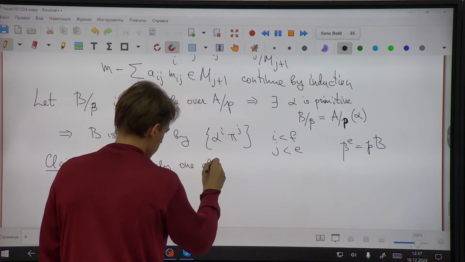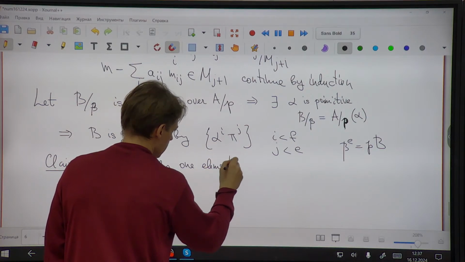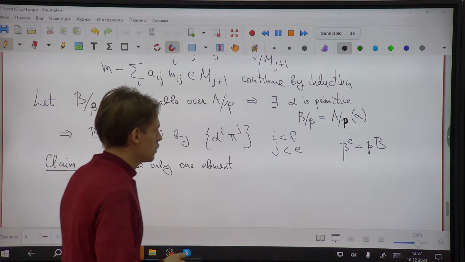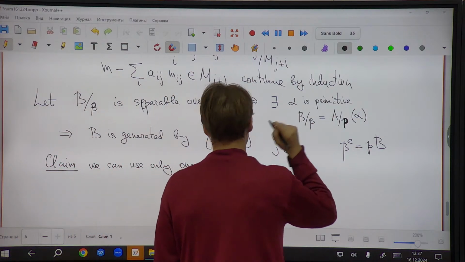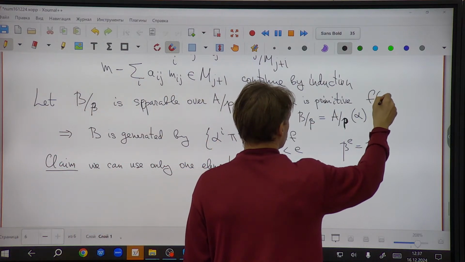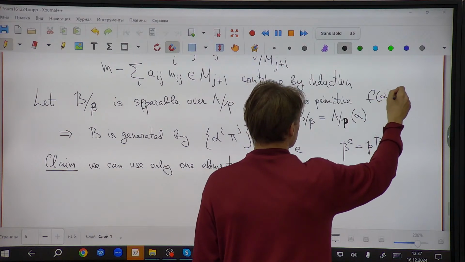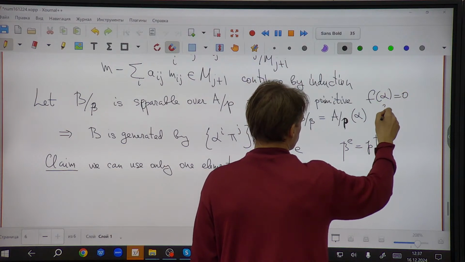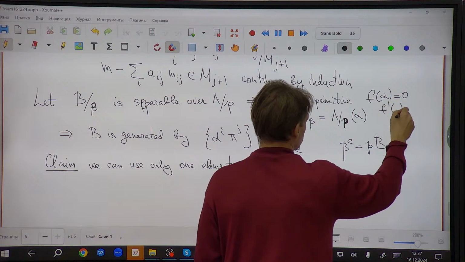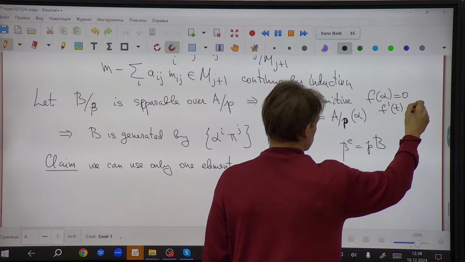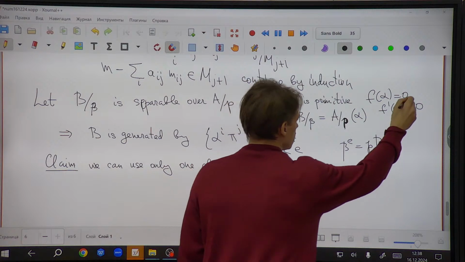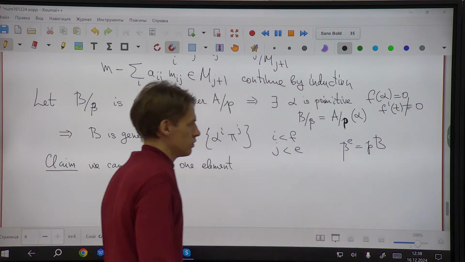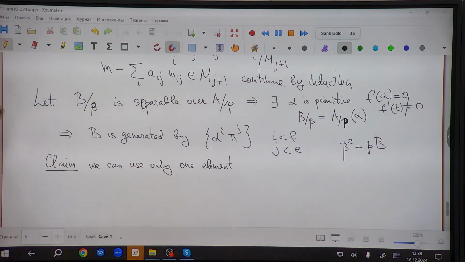So let us find it. Suppose alpha is primitive, f of alpha is equal to 0, and f prime is not equal to 0, so the derivative is not identically zero. I claim the following.